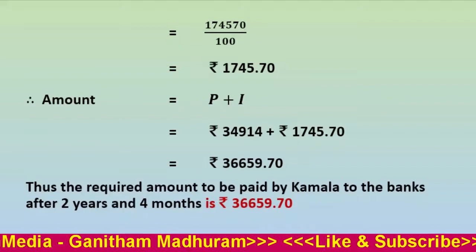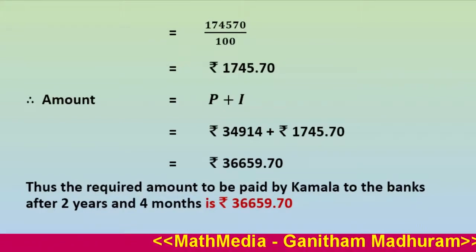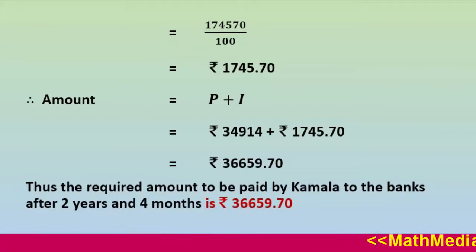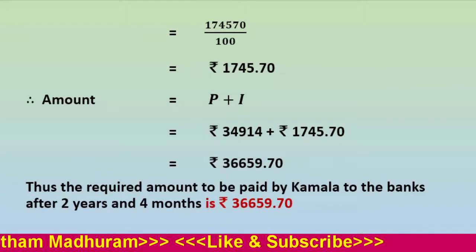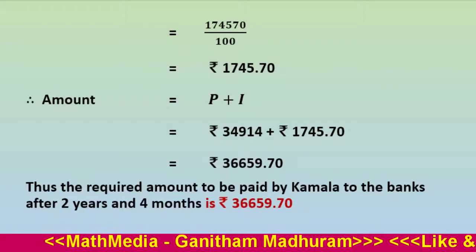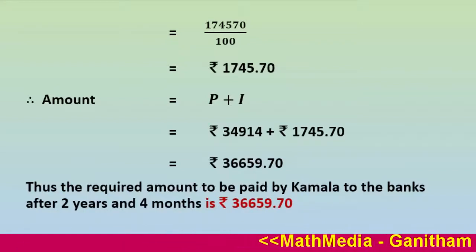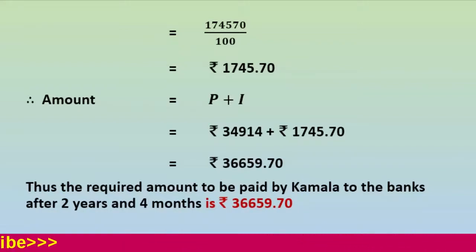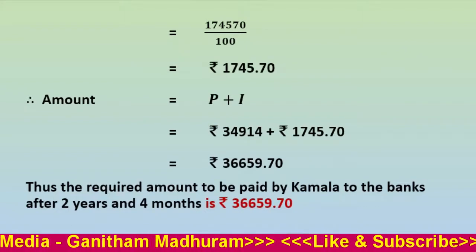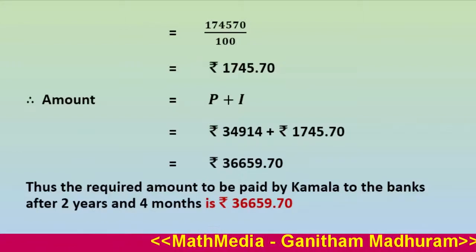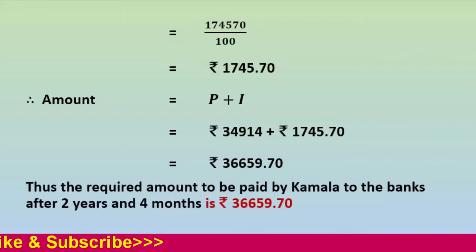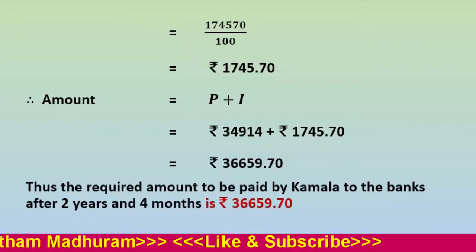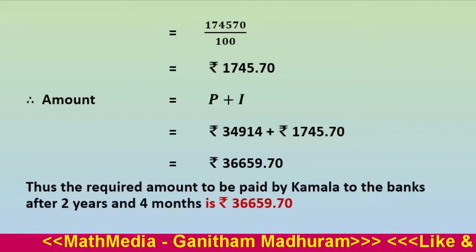That means the required amount to be paid by Kamala to the bank after 2 years and 4 months is rupees 36,659.70. So here in this problem we have to take care: the interest is compounded annually and the time period is given as 2 years 4 months.